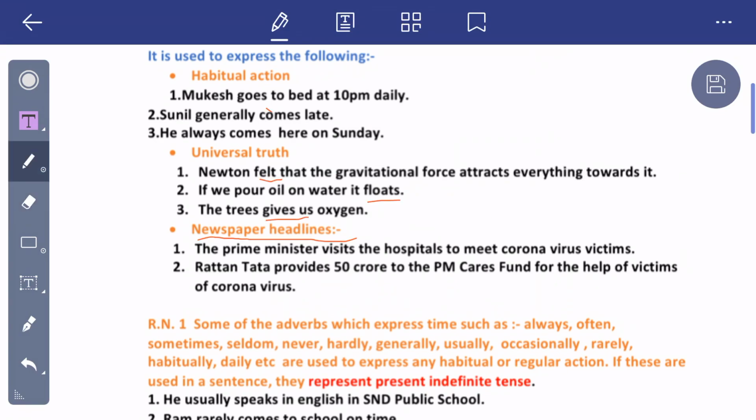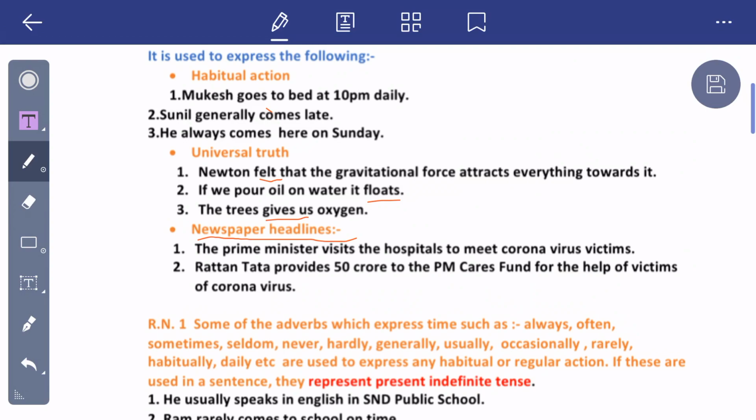You can look in any newspaper, whether it is Hindustan Times, The Hindu, any English newspaper, and you will see that all the headlines are given in present indefinite tense. Now let's have a look at another headline: Ratan Tata provides 50 crore to the PM Cares Fund for the help of victims of coronavirus.